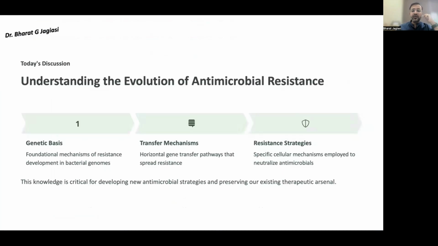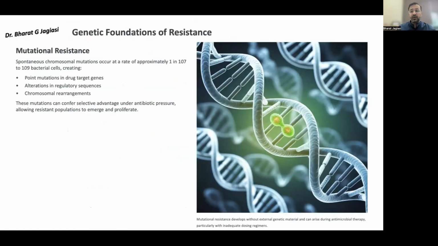So understanding the evolution of antimicrobial resistance, we have the genetic basis, that is the foundational mechanism of resistance development in bacterial genomes. Transfer mechanisms, as we all know, different methods are available: transformation, transduction, conjugation, that is horizontal gene transfer, and the resistance strategies. Those are specific to the cellular mechanisms employed to neutralize antimicrobials, and this is what is important as we speak further.